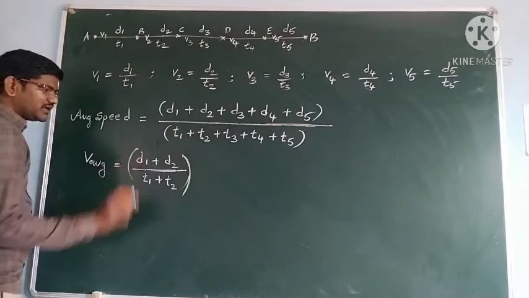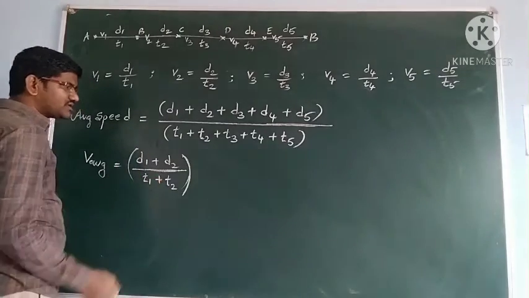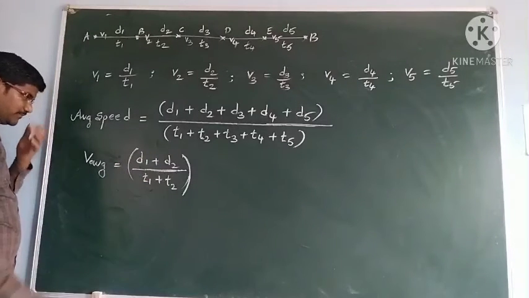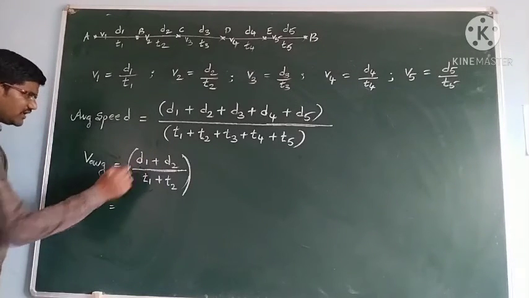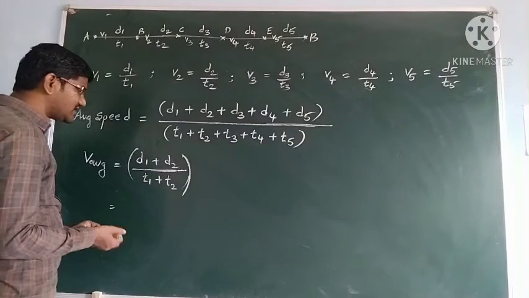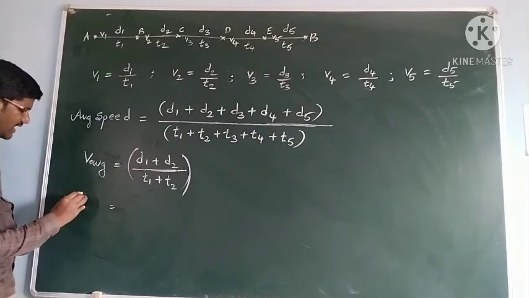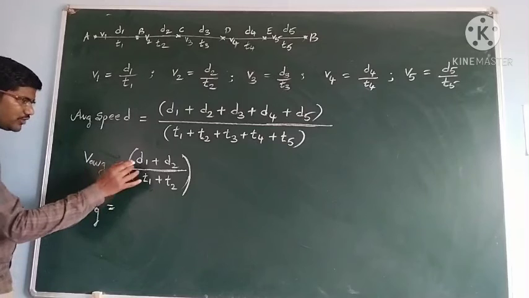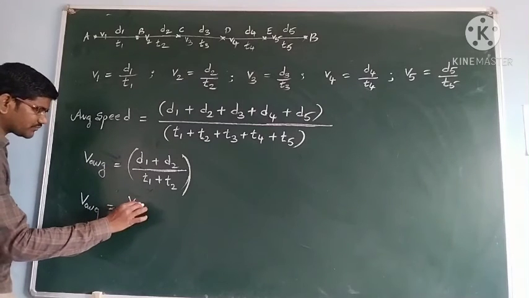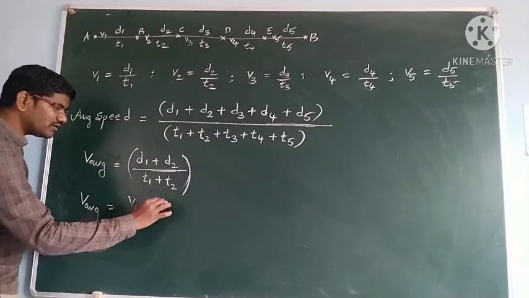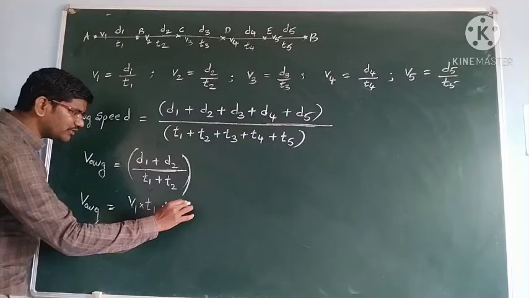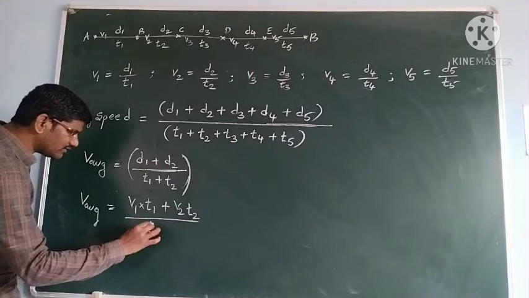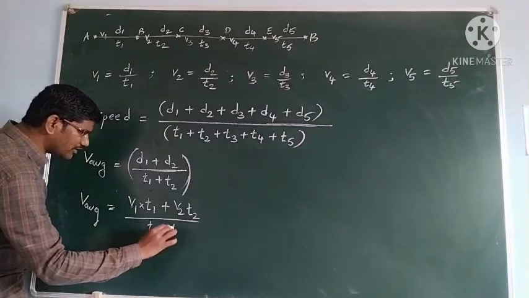For example, distances are not given, and only V1 and V2 are given. Then D1 can be written in terms of velocities. Now I want the average speed only in terms of velocities: V1 into T1 plus V2 into T2, by T1 plus T2.